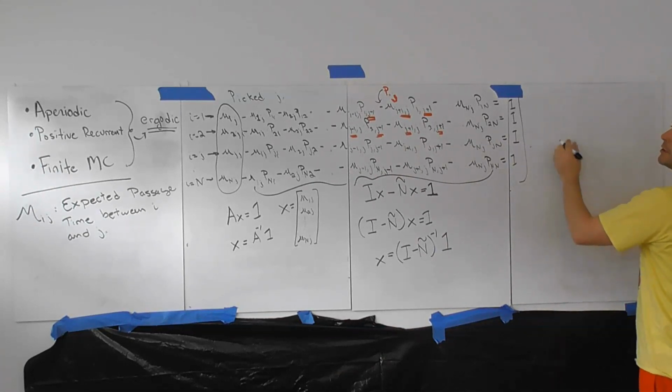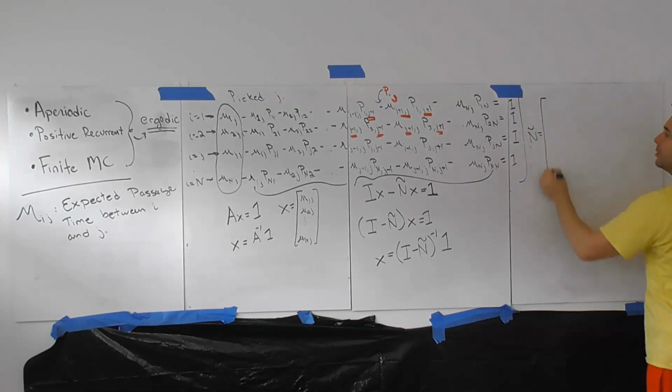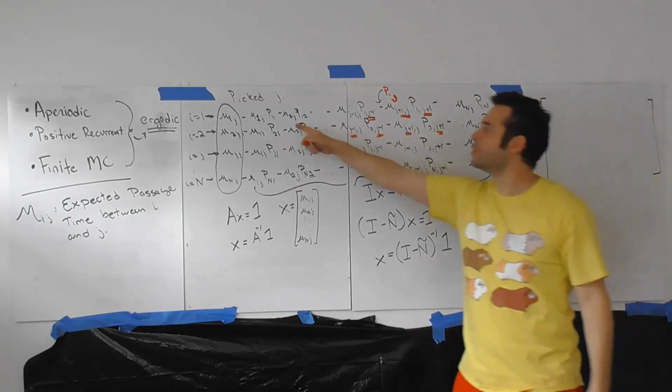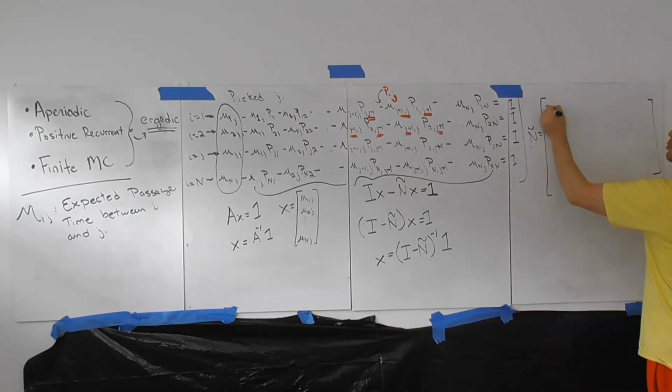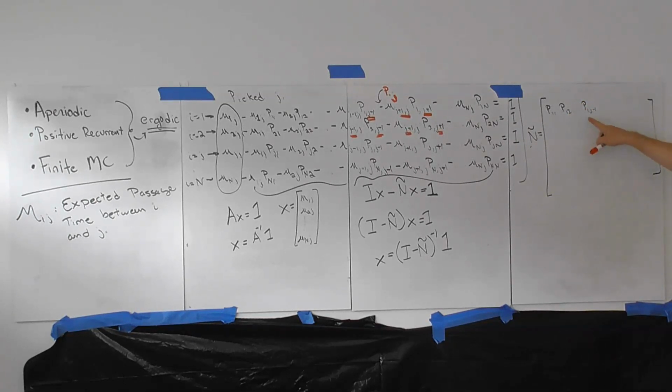So let's sort of work out what it is. So this N tilde, and again, I'm going to pull out each of the terms here. So we see we multiply times P11 and P12, and we go all the way across to P1(j minus 1). We skip P1j, so we just have a 0 there.